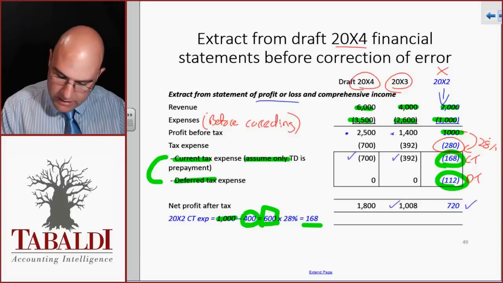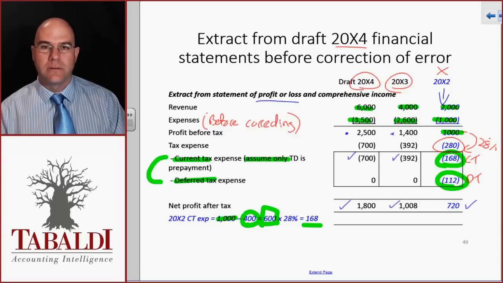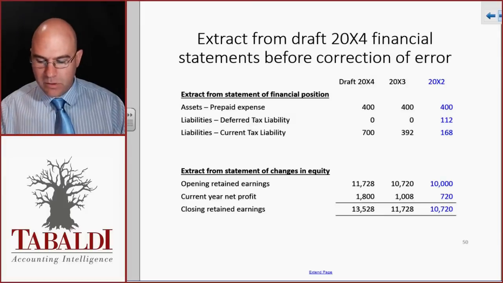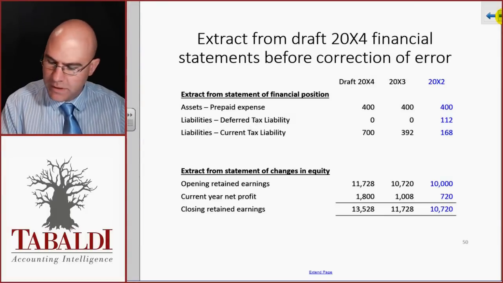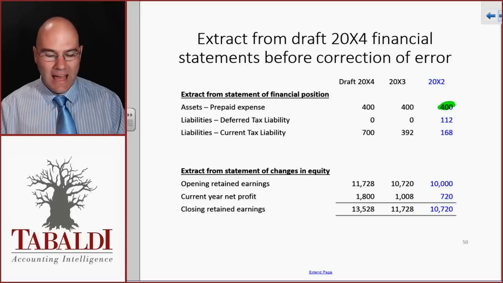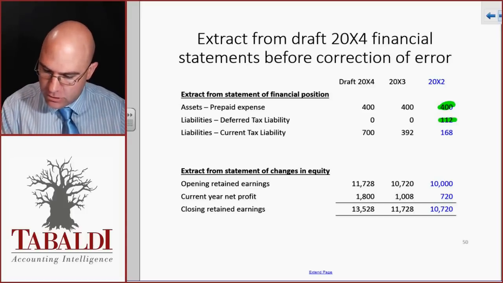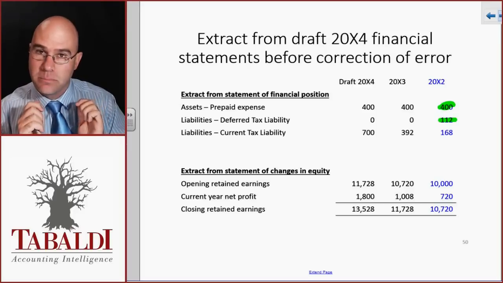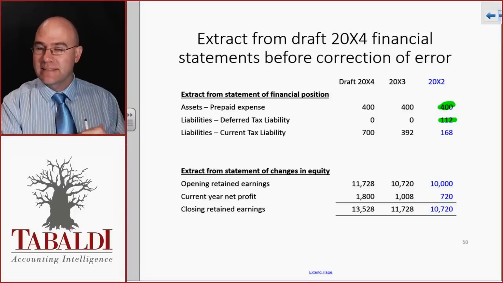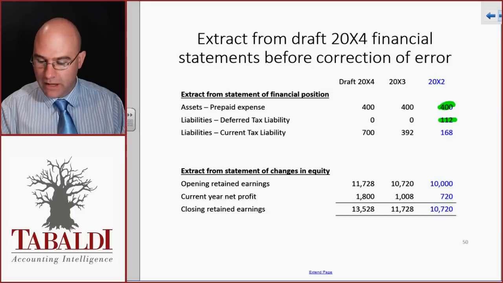Profit 1,008 and 1,800. Next up, there would have been a prepaid expense in 20X2 of 400, a deferred tax liability of 112. Remember, we went from 0 to 400 prepaid expense, with the related tax liability going from 0 to 112.